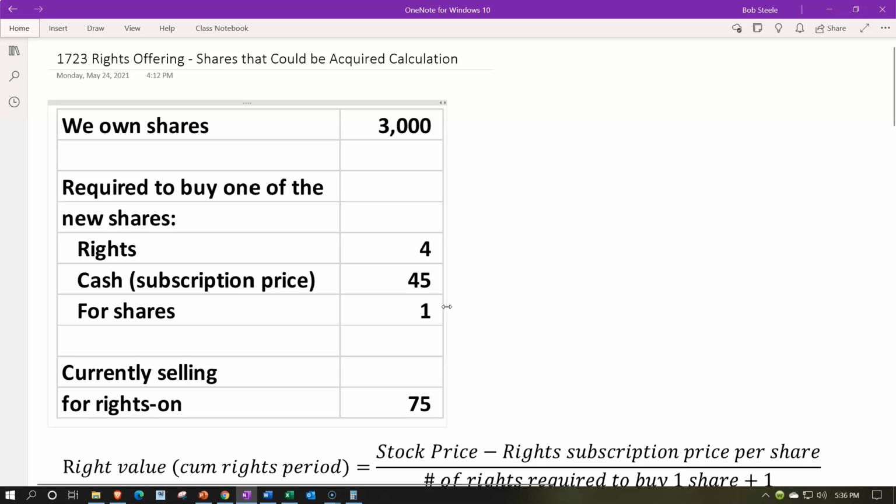So they're currently selling rights-on at $75. We can think about that as basically the market price before this takes place. Now, of course, once this all is said and done, all else equal, you would think that the market price would go down, because they're going to be issuing more shares, and they're going to be doing so not at the market price, but at something underneath the market price.